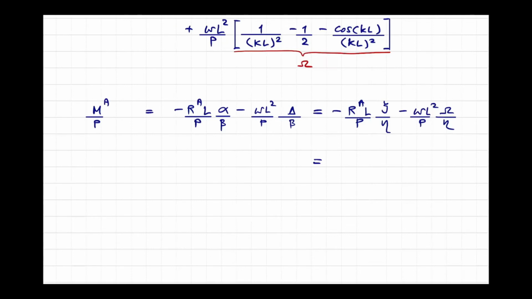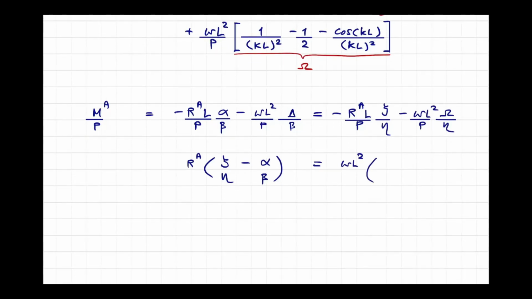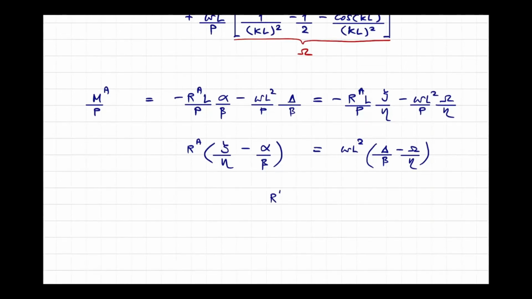So the A multiplied by C over eta minus alpha over beta is equals to WL square multiplied by delta over beta minus omega over eta, and again the RA is going to be equals to, no, not the WL square, it is just the WL.